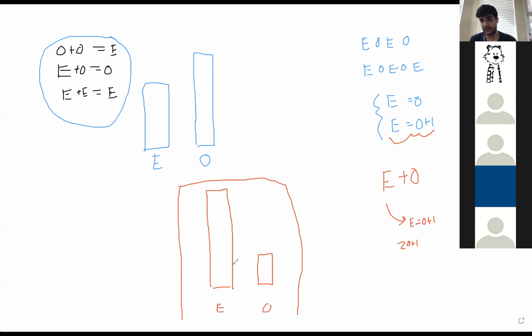Odds are the ones that we're dependent on, because we start with an E, but the only way we can proceed in our conditions is with an odd. So if we have more E's than O's, the O is the limiting factor here. And there's no way to transform E's into O's.